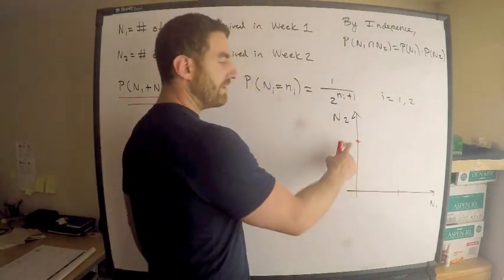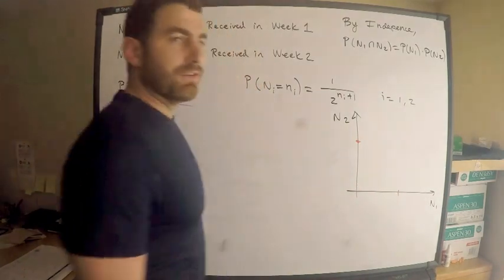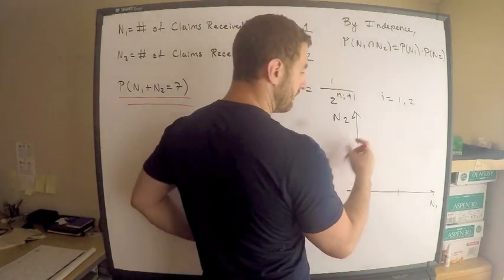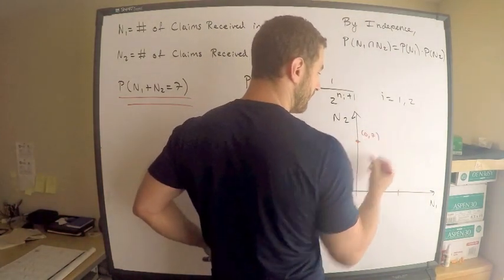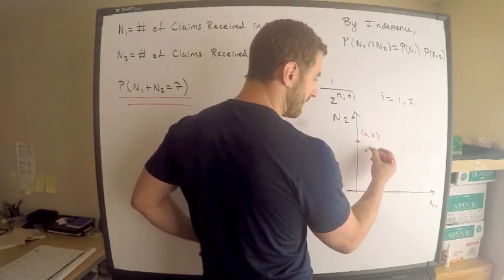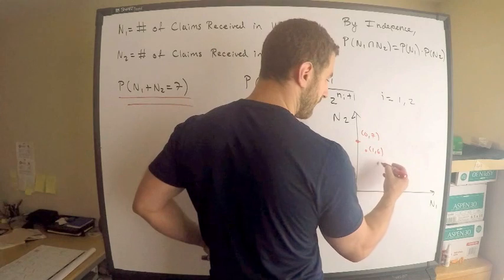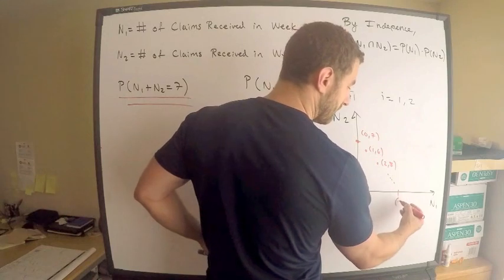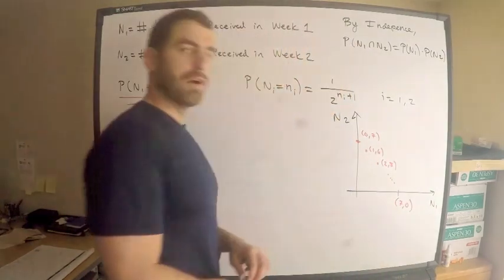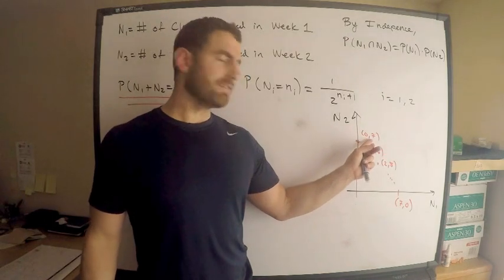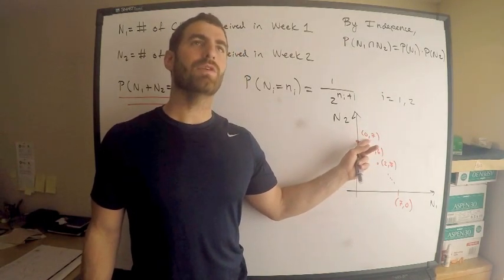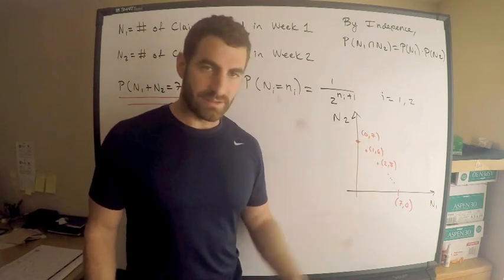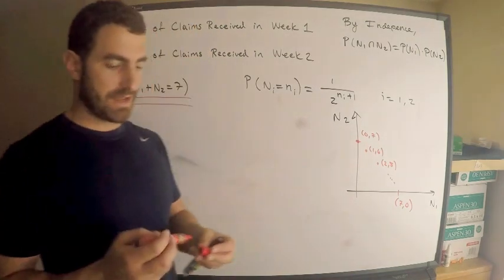To get N1 and N2 to add to 7, we could have 0 N1s and 7 N2s, so I'd call this 0, 7. I could also have 1 and 6, 2 and 5, etc., down to 7 and 0. This ordered pair represents 0 claims in week 1, 7 in week 2, 1 in week 1, 6 in week 2, etc.